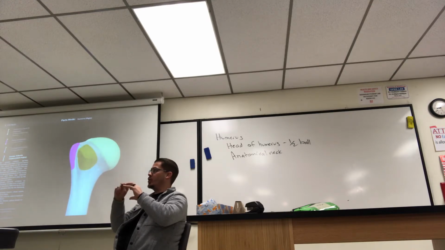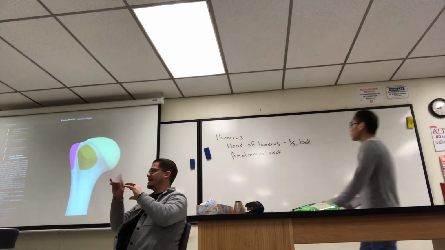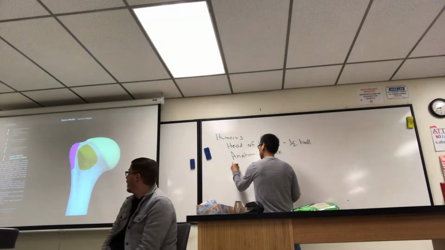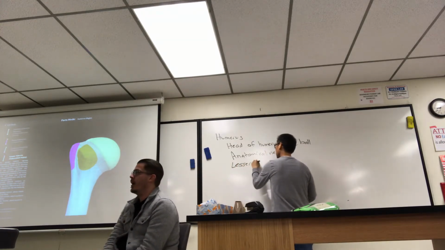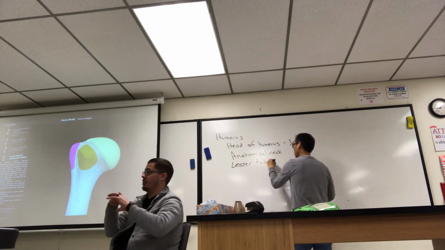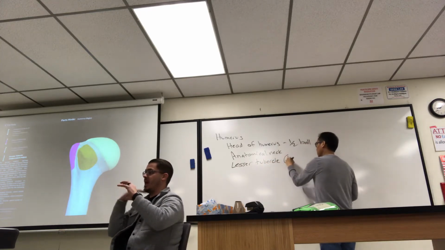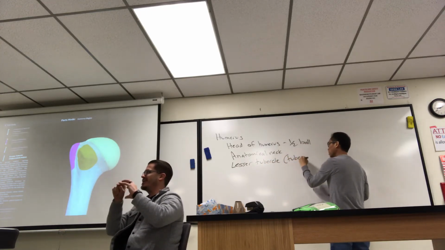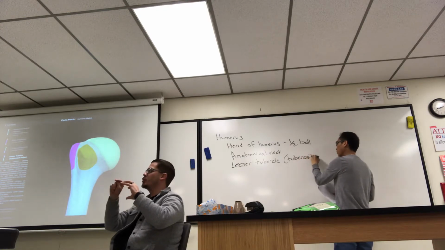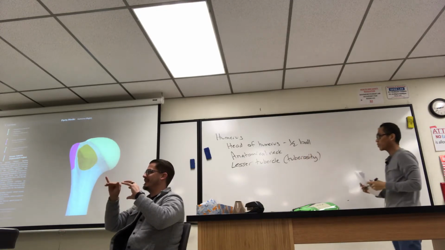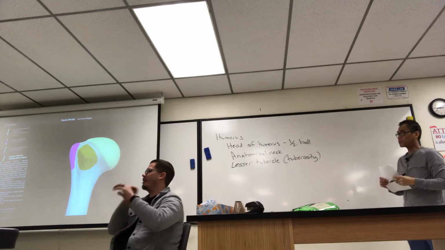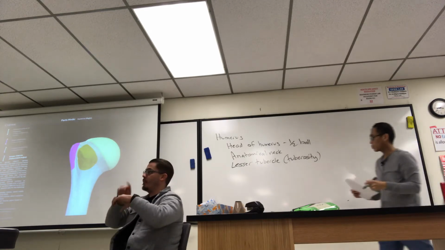So let me put those terms down. Tubercle means bump. Some books call them tuberosity. Both will be acceptable for you. Just choose which term you like to remember, and they both mean bumps, bumps on bones, tubercles or tuberosities.